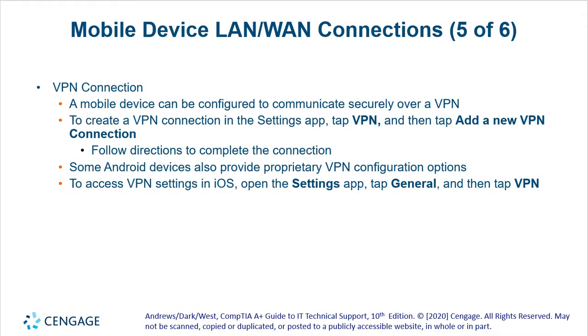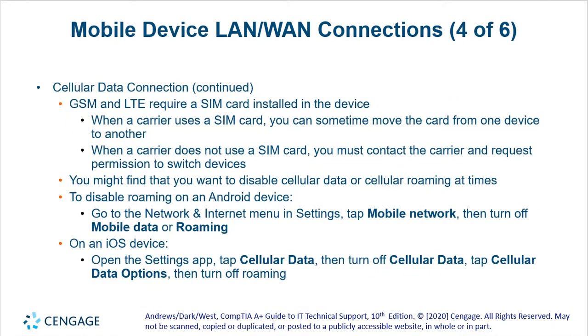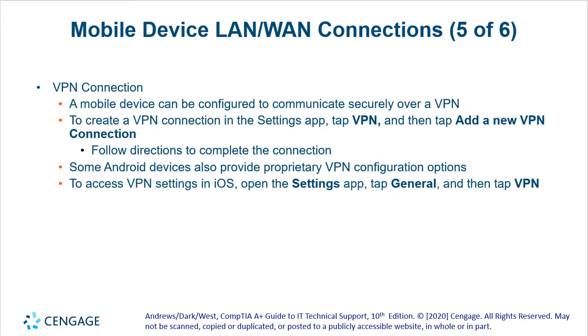The VPN connection. So we go from talking about cellular to connecting via VPN on a mobile device. You can actually set up a secure VPN in your settings, and you can add a VPN connection and connect. If your place of business offers a VPN, then you can add that one in there.